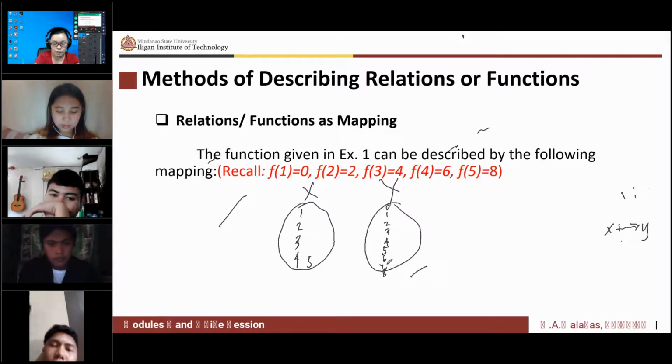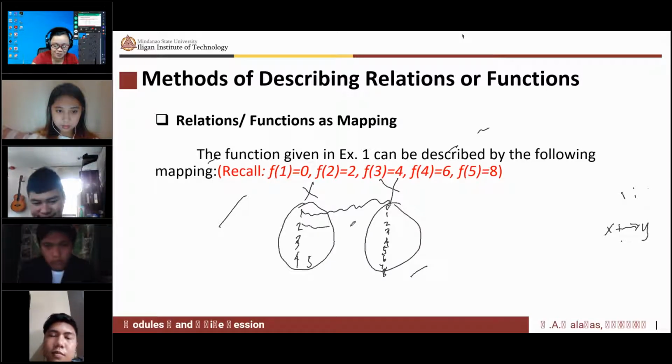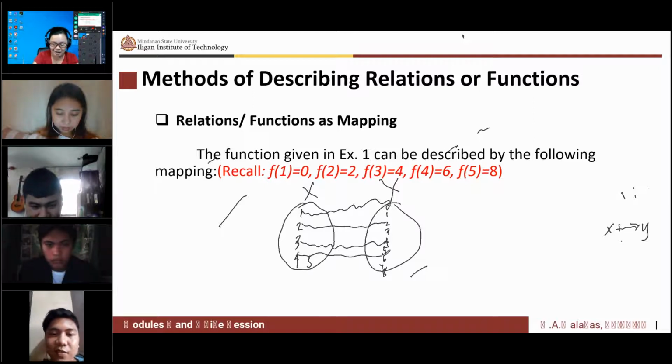And so 1 is mapped to 0. 2 is mapped to 2, like that. 3 is mapped to 4. So there's the diagram. 4 is mapped to 6. And then 5 is mapped to 8. Okay.